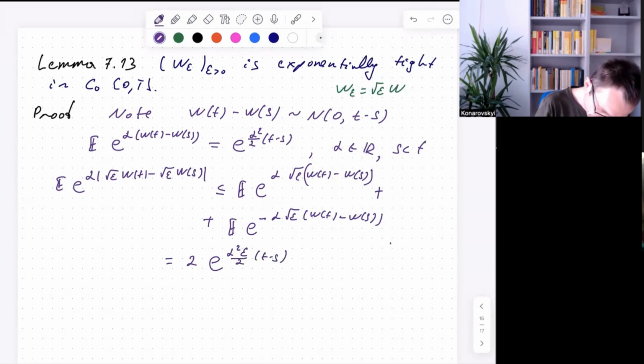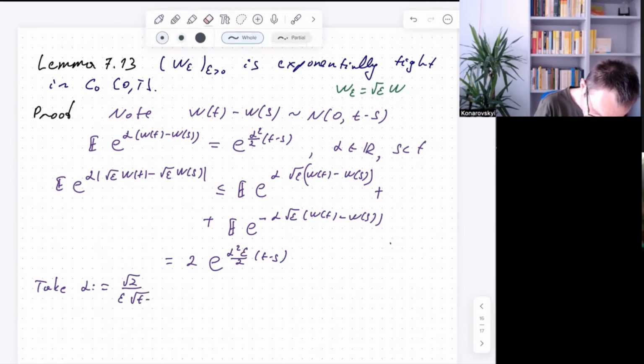And then let's take, for this specific epsilon, t and s, let's take alpha equal to square root 2 divided by epsilon, square root t minus s.